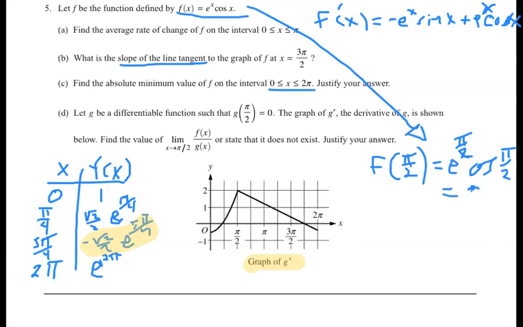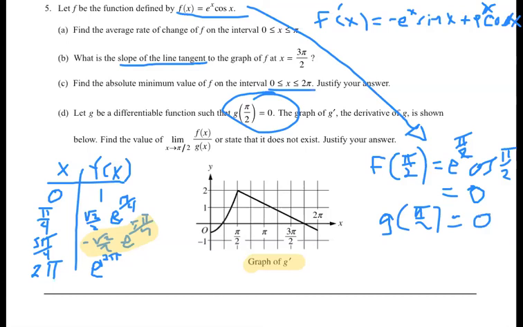So my numerator is 0. And then when I do g as x approaches pi over 2, I'm given that right here in the problem, that is 0. So because that is 0 over 0, we can fix this one.